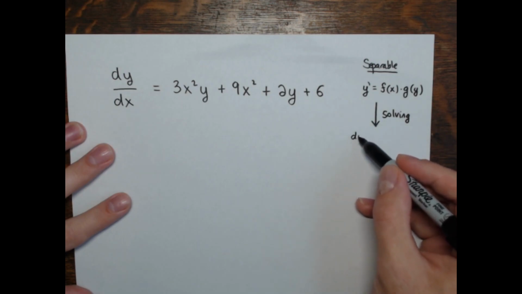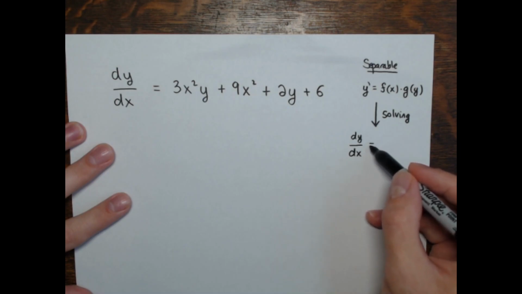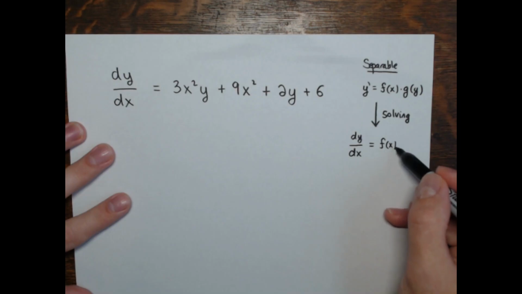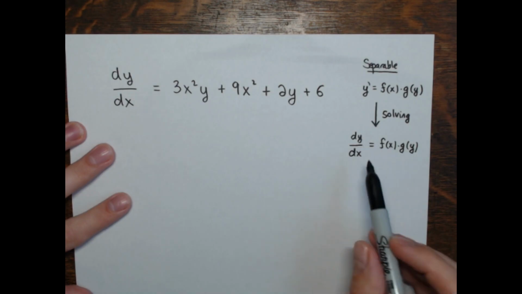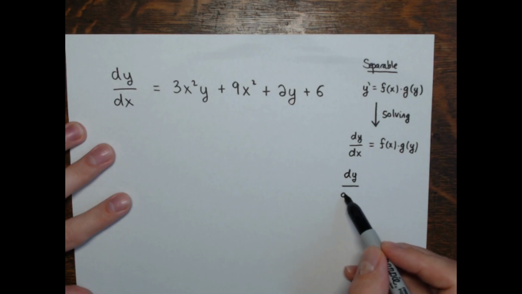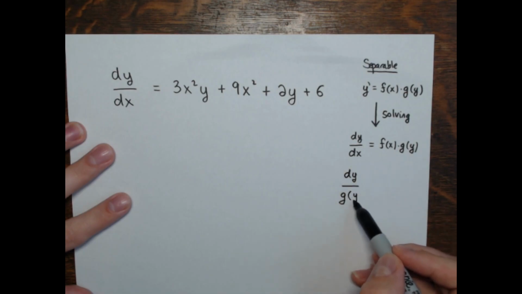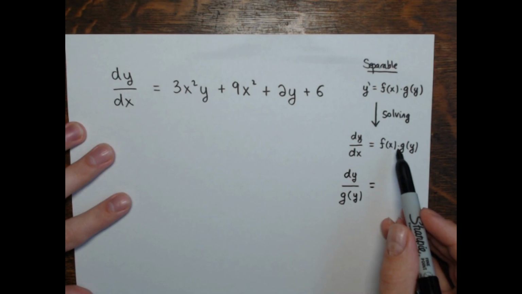You have dy over dx over here. If I write the derivative in differential form, equals some function of x times some function of y. I'm going to separate the variables, gather all the stuff with y on one side, right? So that would require dividing by g of y, and all the stuff with x on the other side by multiplying by this differential of x.